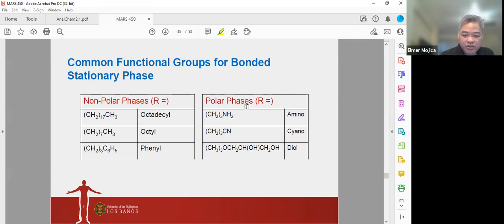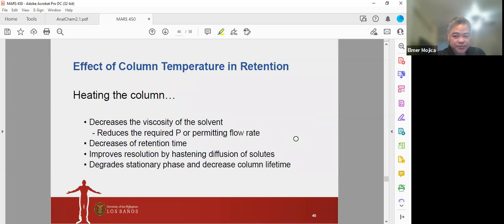Now, if you have a polar phase, that can be an amino or cyano group, or we can also have this diol.